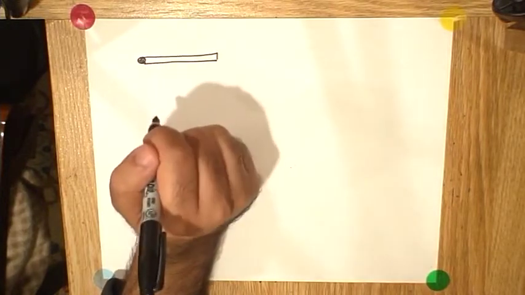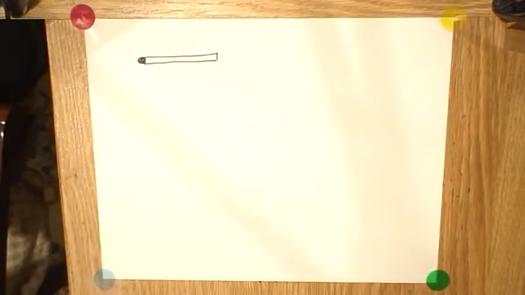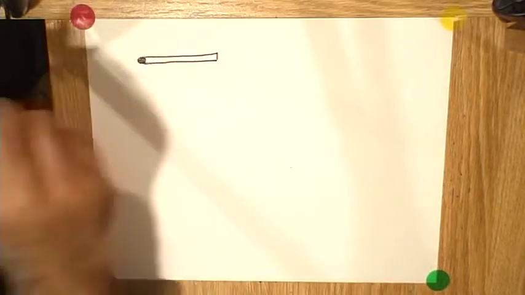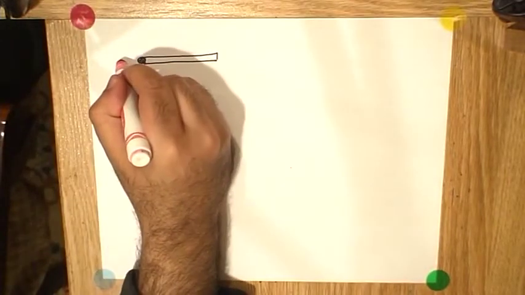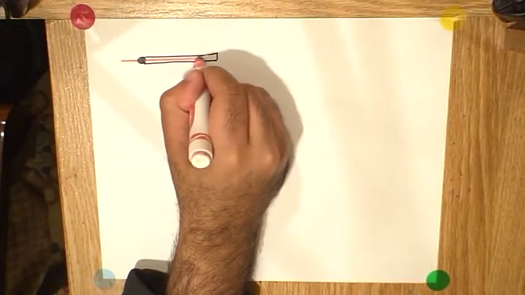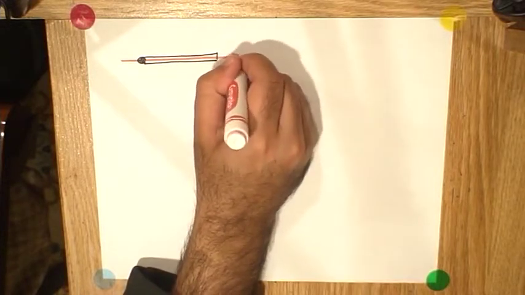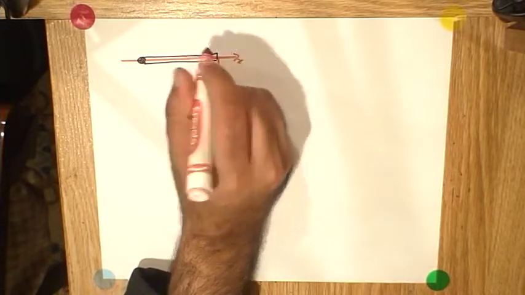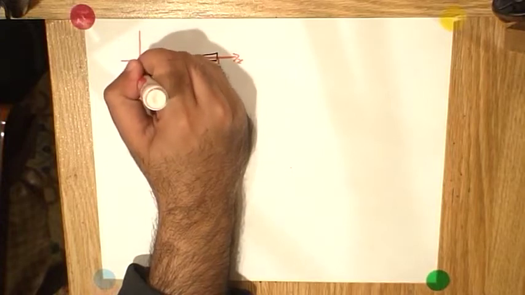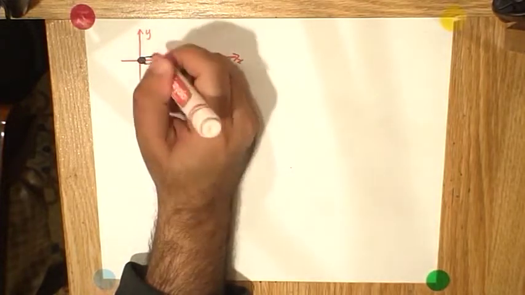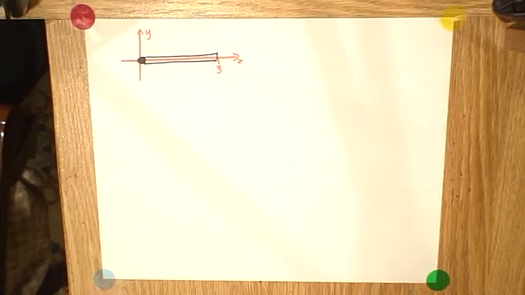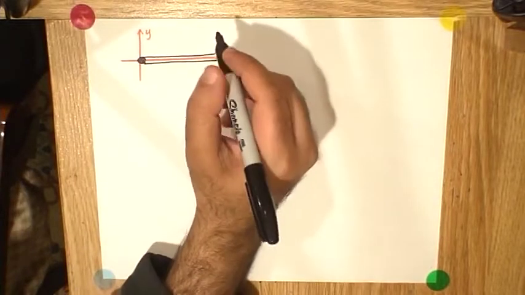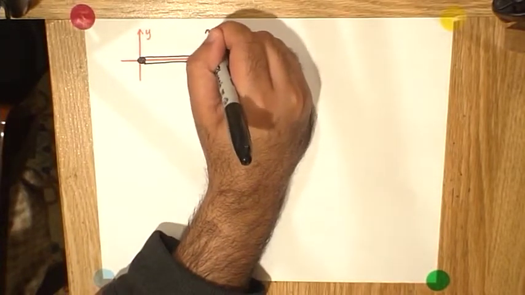The rod has a length of 3 meters, so I'm going to represent that like this. And it has a mass of 4 kilograms.